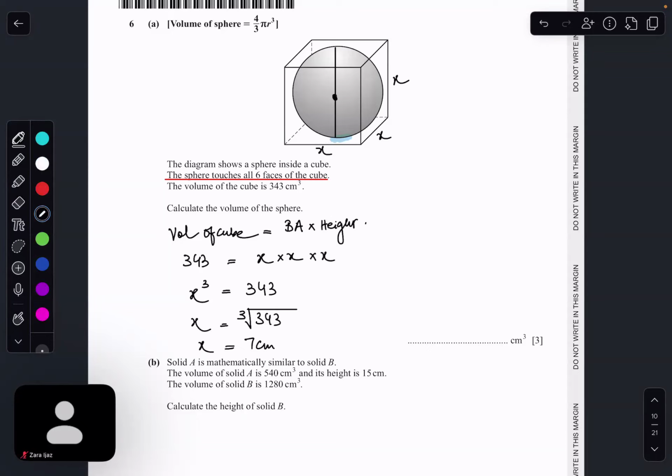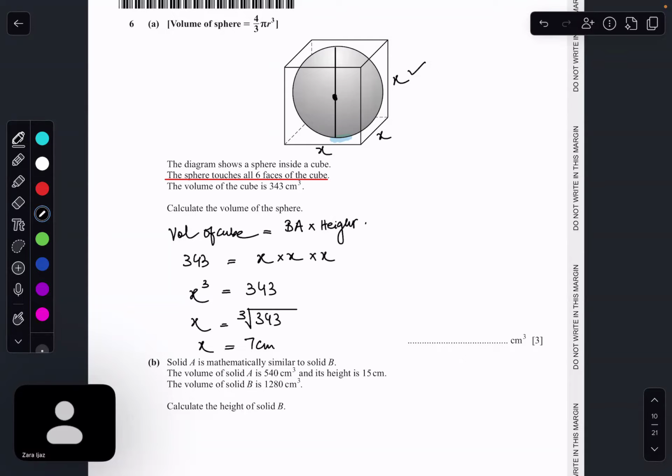So if I can figure out the height, is it the same as the diameter of the circle? No. Why? Because isn't a sphere different from a cube in its dimensions? Sure, it's perfectly different. That's in circular form, and this is a prism made up of squares.